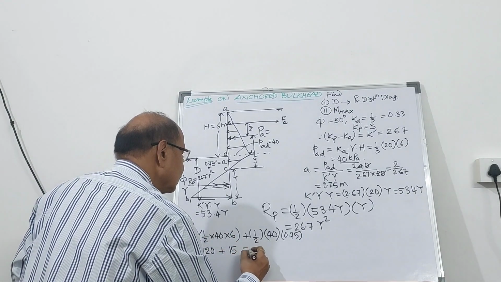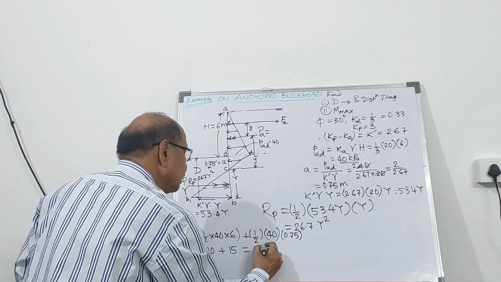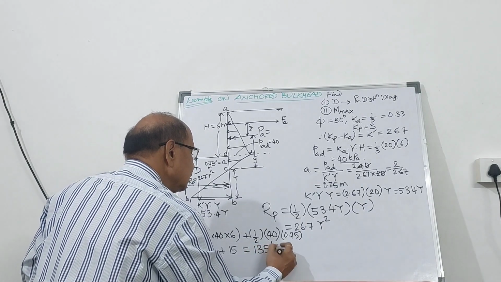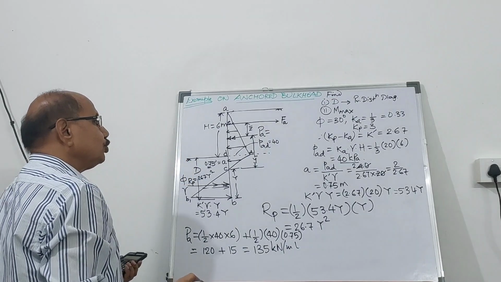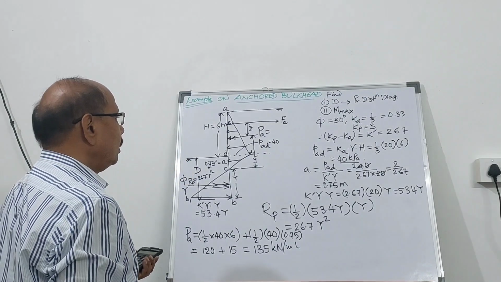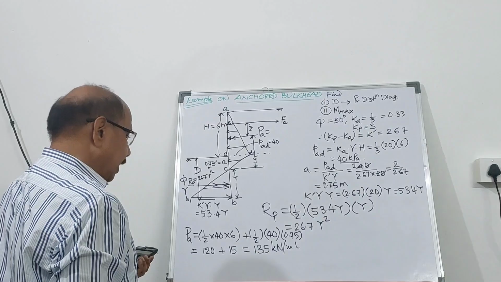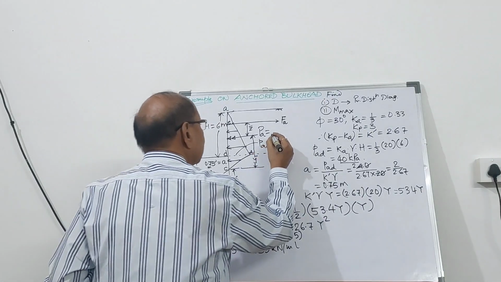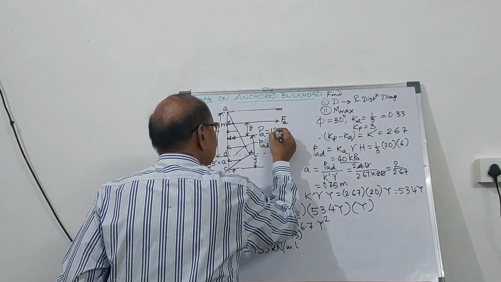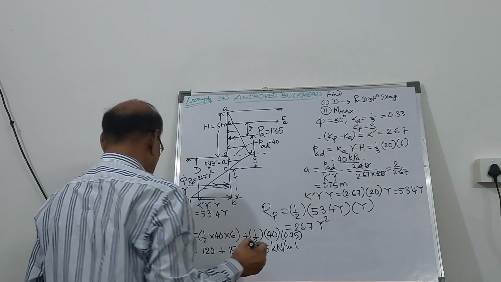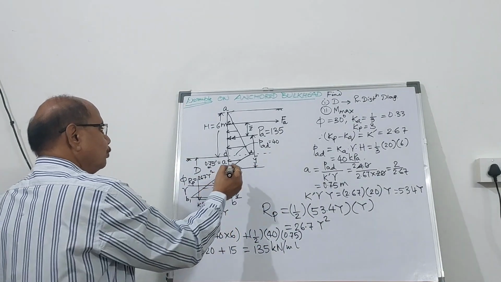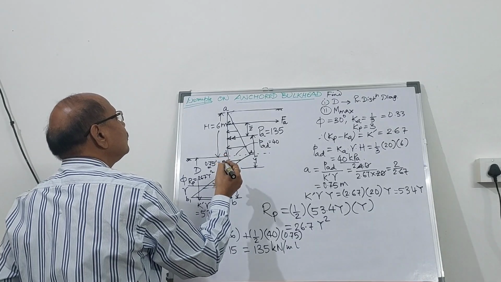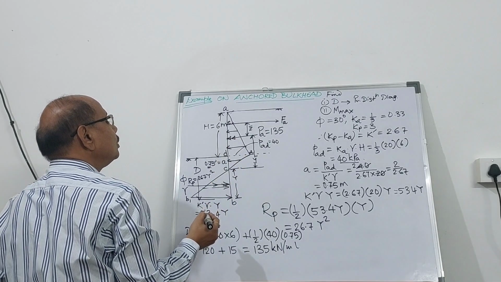So total becomes 135 kilonewton per meter length of the sheet pile. Therefore, PA is known to us. That is 135, 120 plus 15.